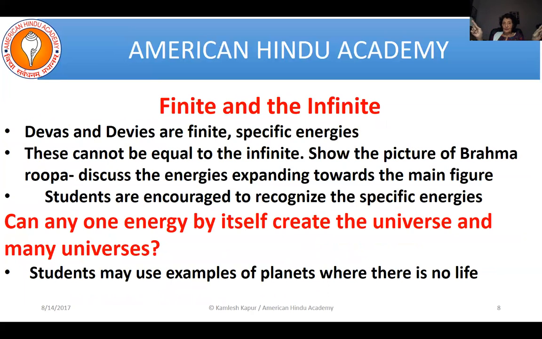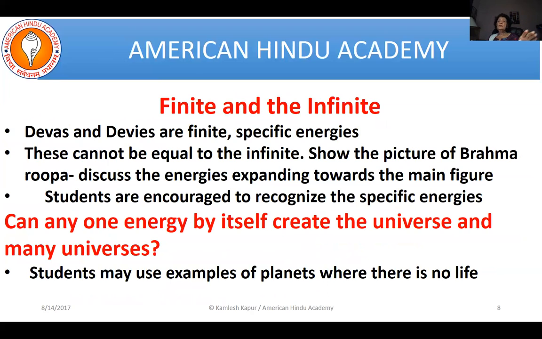No. One part cannot be equal to the whole. For an older person who understands the concept of finite and infinite, they can be exposed to difficult words, that the specific energies are finite. They are called devas and devis.